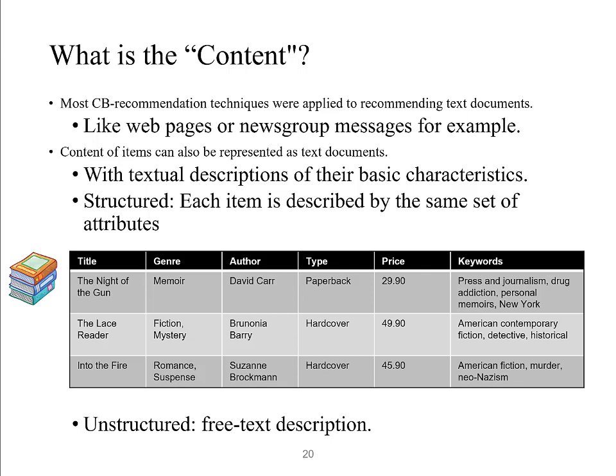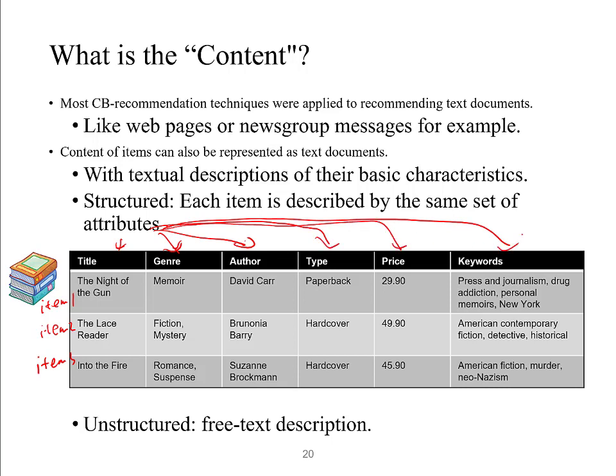For example, in this table, these are different items, Item 1, 2, and 3, and these are the attributes: the title, genre, author, type, price, keywords.